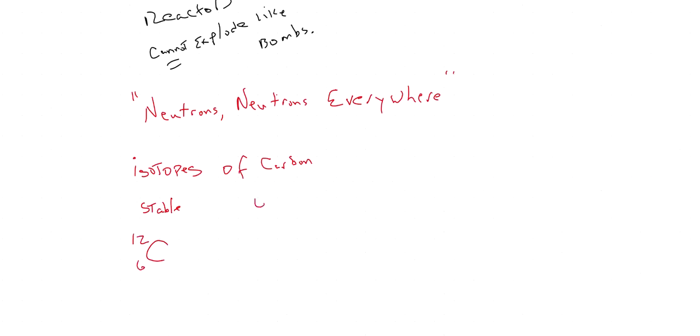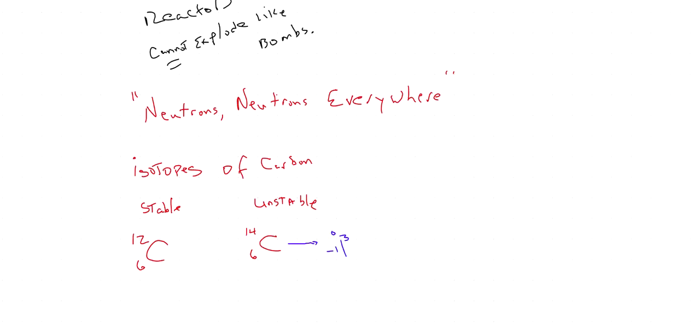The unstable carbon has 6 protons, that's what makes it carbon, but 2 extra nucleons. What this carbon does then is negative beta decay. Remember, in negative beta decay, you add a proton.